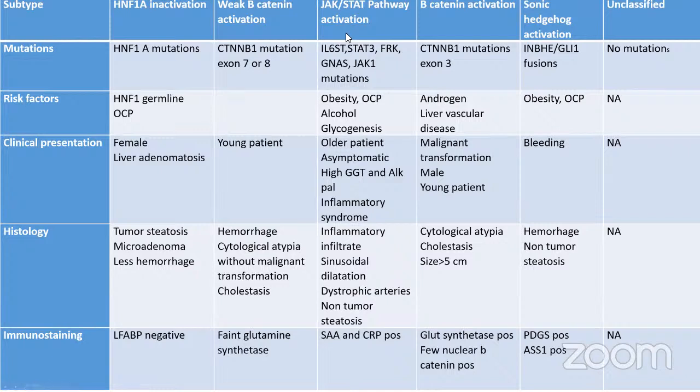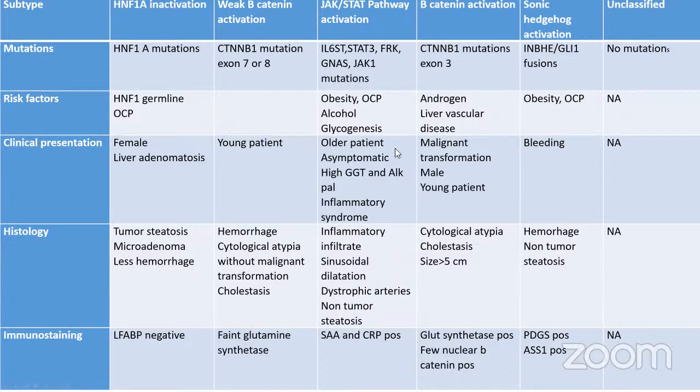Then the inflammatory adenomas have activation of the IL-6, STAT3 pathways, and they are associated with obesity, oral contraceptive use, also seen with alcohol and metabolic syndromes. And these are the subtypes which have had rare examples described in cirrhotic livers.